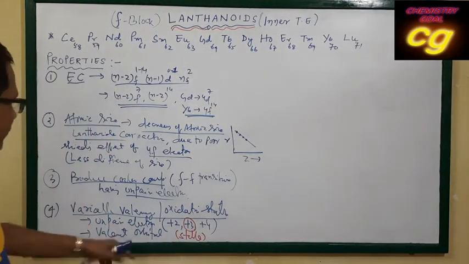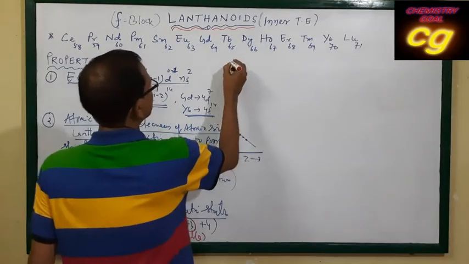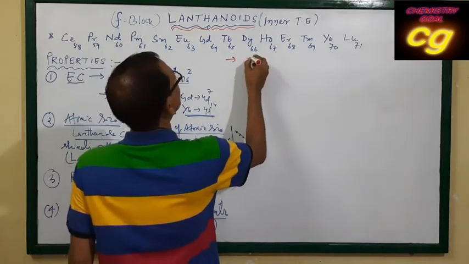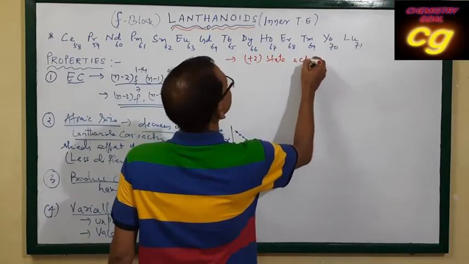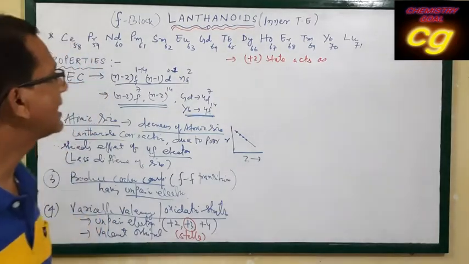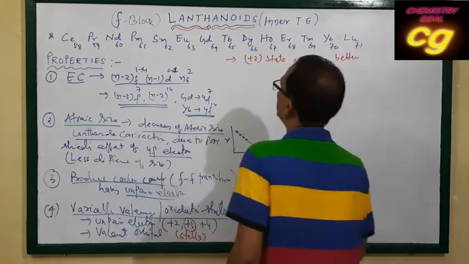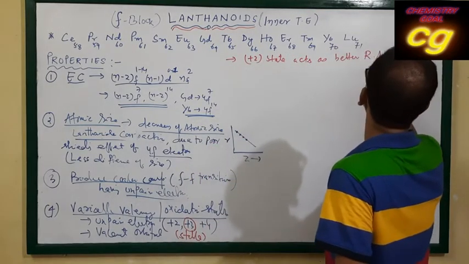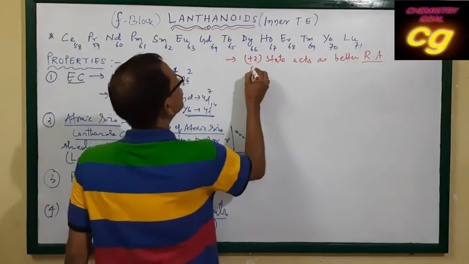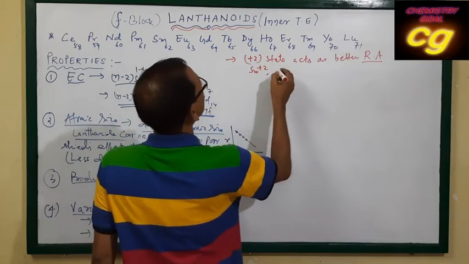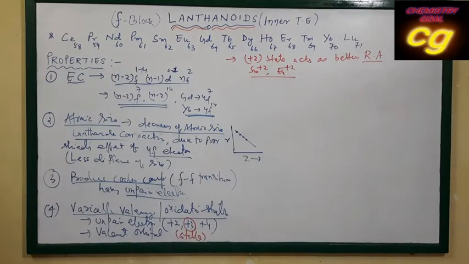Due to this stability of the +3 state, generally the +2 state acts as a better reducing agent. For example, samarium +2, europium +2. If you see, these are better reducing agents.